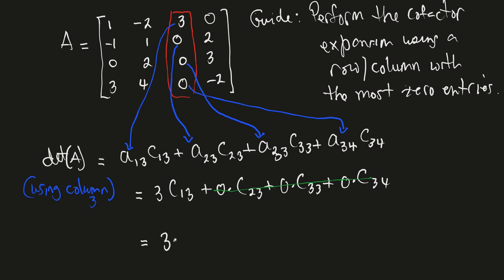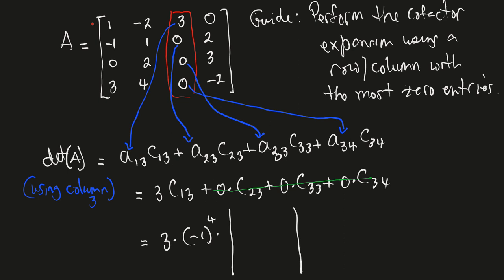So we have 3 times, then I have -1 raised to the power 4, right? I plus j. And then let's write down what the minor will be. The minor of the 1, 3 entry is going to be the determinant of the 3 by 3 matrix that's left after I delete the first row, third column, right?